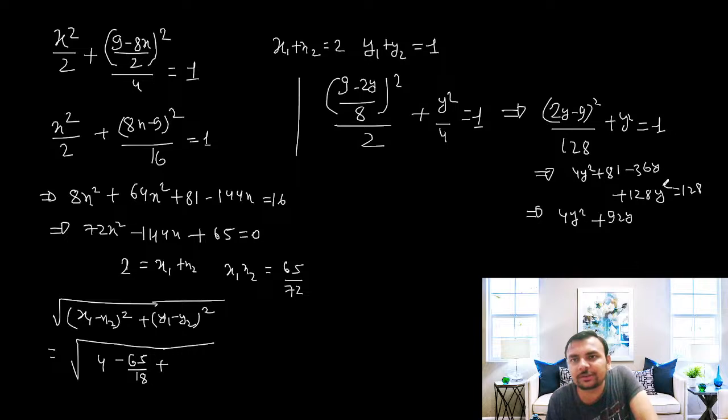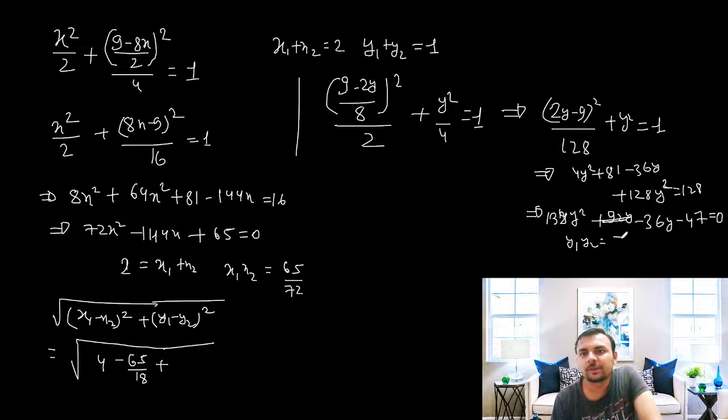This is y square, isn't it? So we have 132y square minus 36y, minus 47. So the product of the roots y1 into y2 is minus 47 by 132.